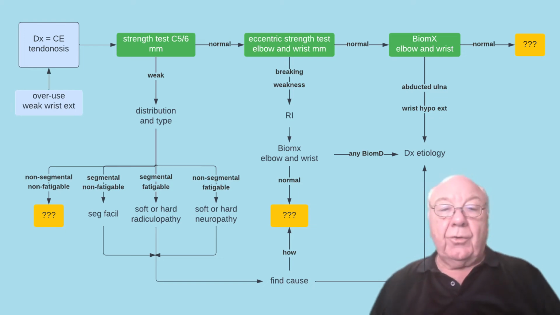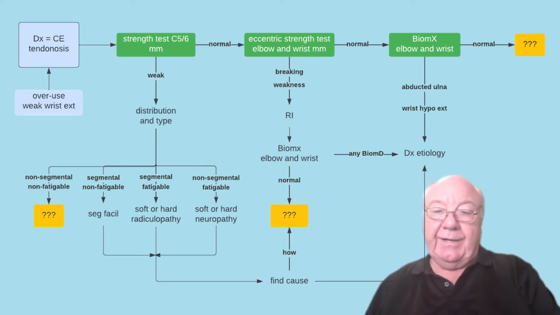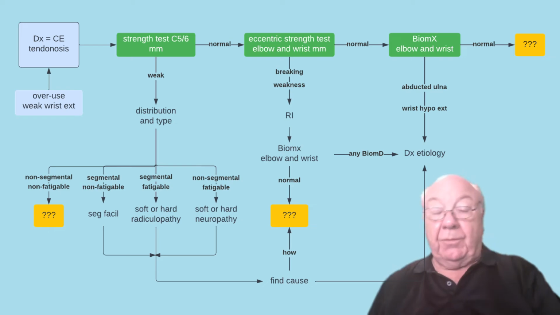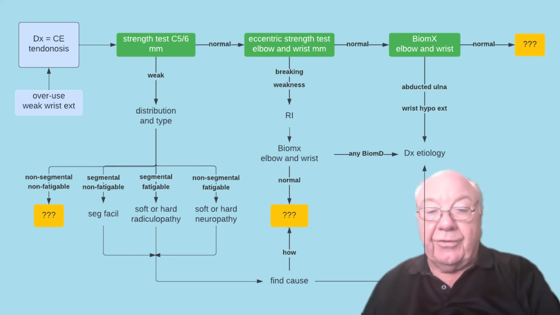So looking at the causes of this again, just one bit quickly: overuse and weak wrist extensors. And I've left out friction and overuse because these are exclusionary diagnoses. So my first step would be to look at the strength of the muscles within the C5, 6, possibly 7 segments, and seeing what we can find there.